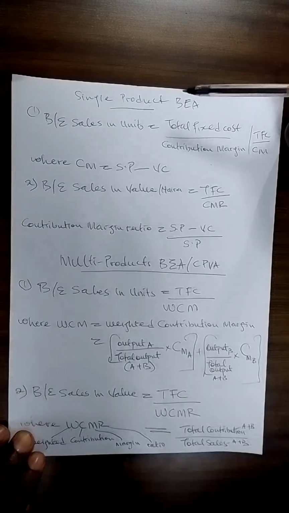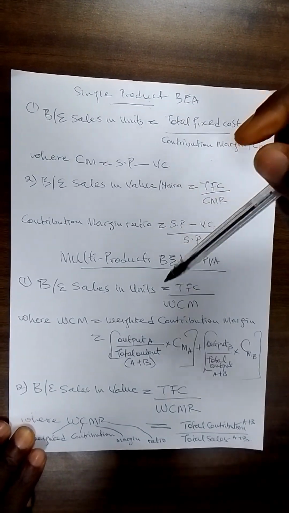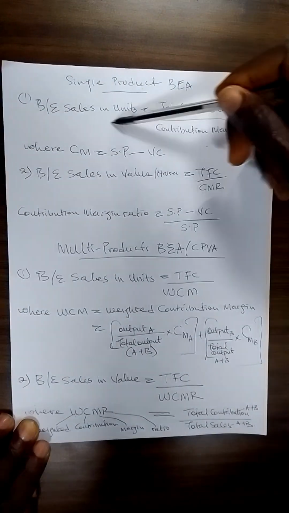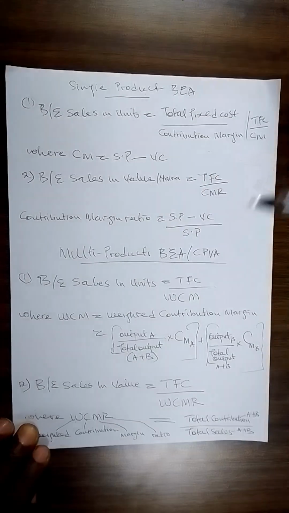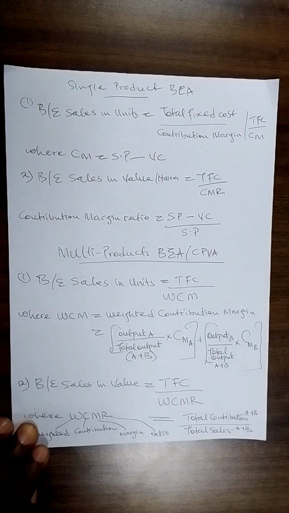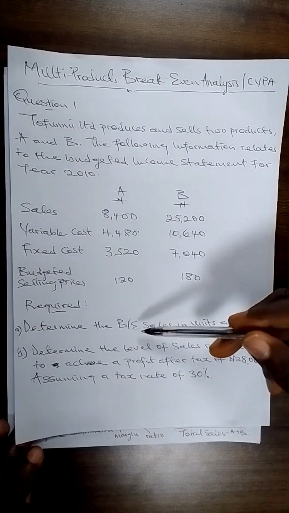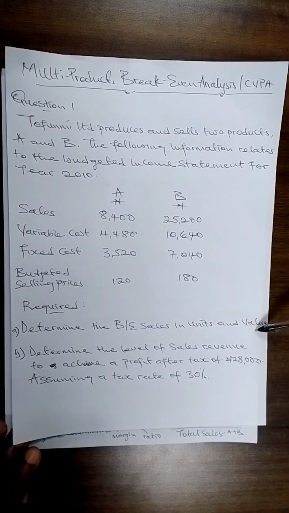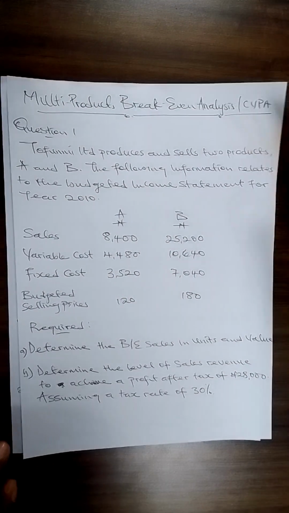We are not to use this because the question relates to multi-product. So we are not using this one. So the question says we should compute the break-even sales in units and then in value. So what do we do? We move to the solution.